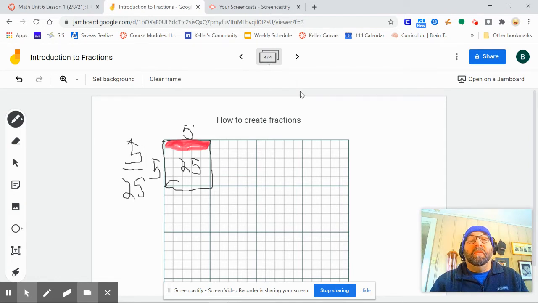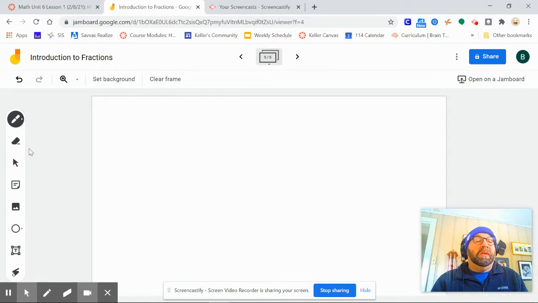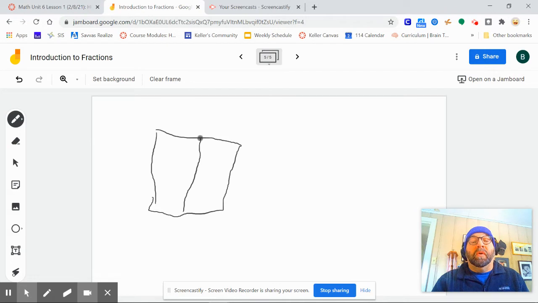When we do this, we can do it a lot of different ways. We can create fractions of parts. Say, for instance, I want to take another fraction, and this time I'm going to just draw a rectangle. I'm going to do the best I can here. And I'm going to cut it into, oh my goodness, 4 equal pieces.